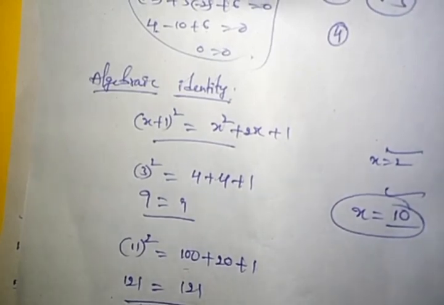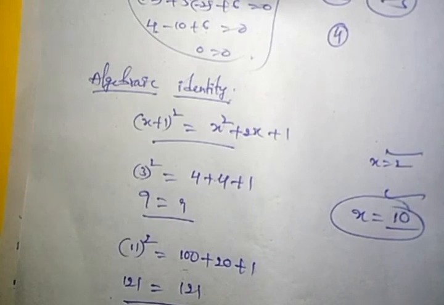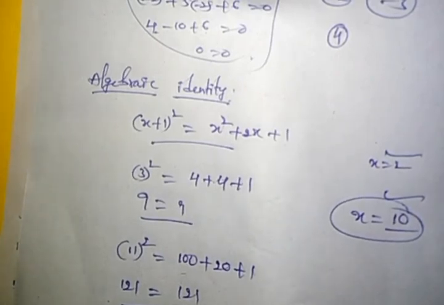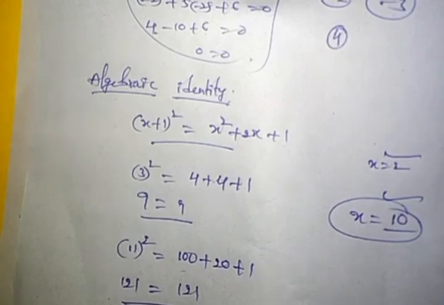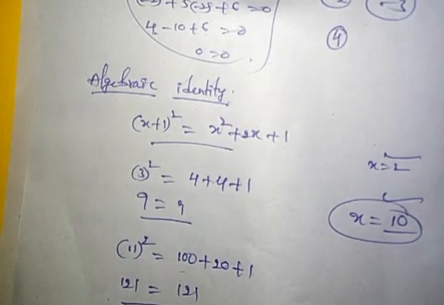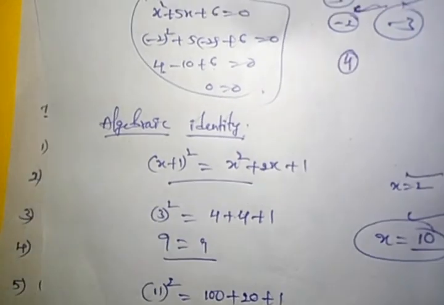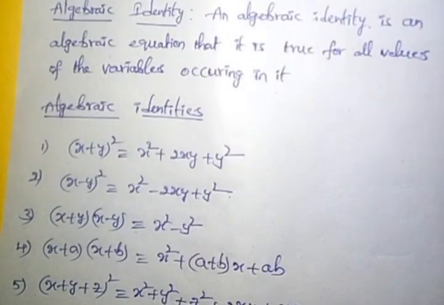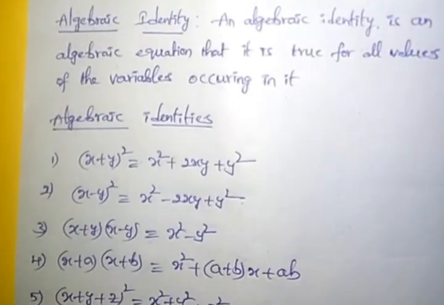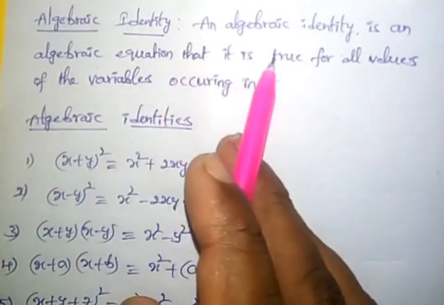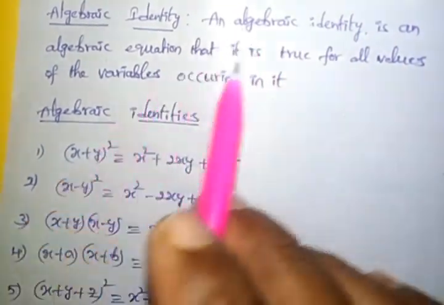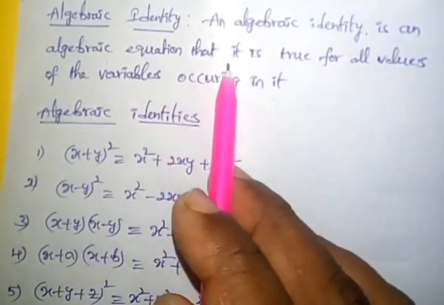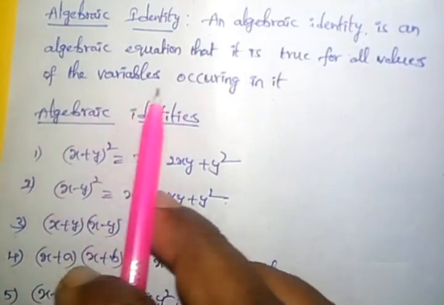Okay, so algebraic identity and equations look the same, but there is a difference between them. An algebraic identity is true for all the values, whereas an equation is true for only a few values. So this is the definition of algebraic identity. An algebraic identity is an algebraic equation that is true for all the values of the variables occurring in it.